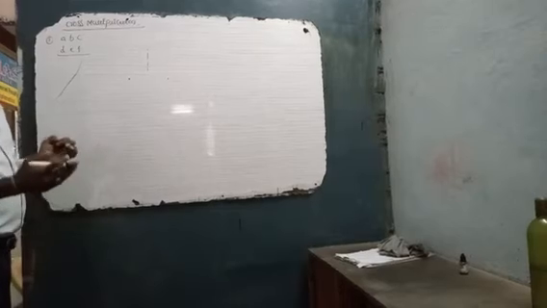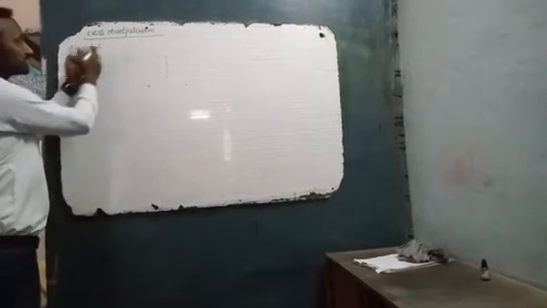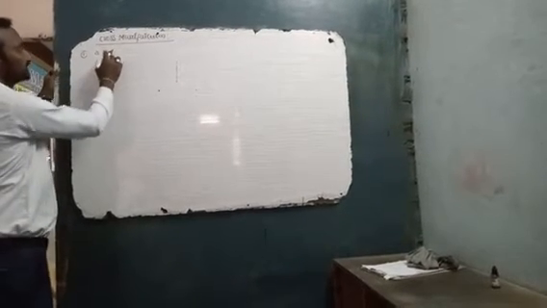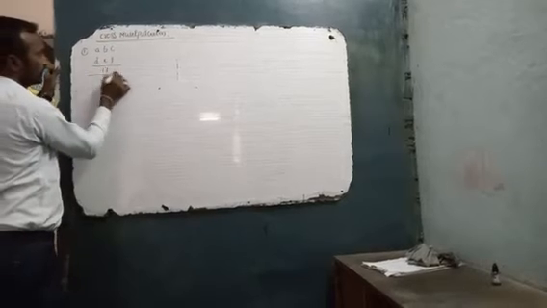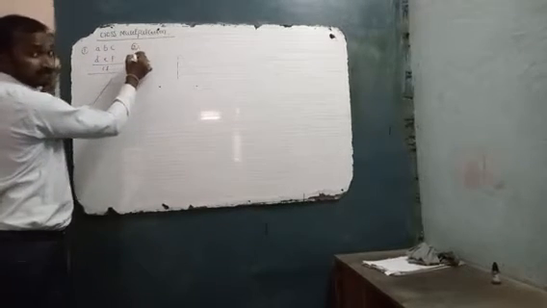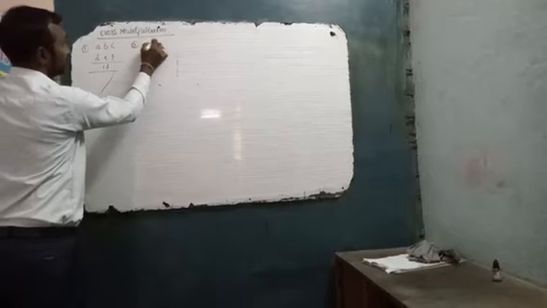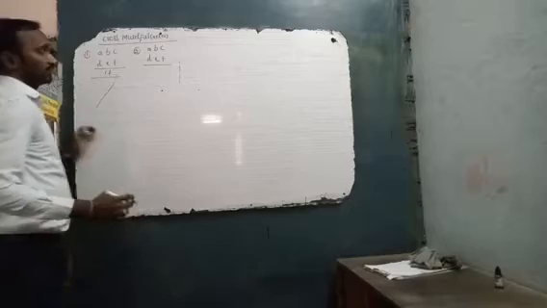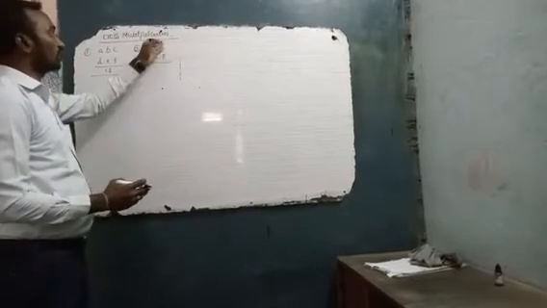Whatever it may be, addition, subtraction, multiplication, we are performing from the right hand side, means from the unit digits we are starting. That's the reason in the first step, first column means unit digits you can multiply: C into F. Second step you can take A, B, C, D, E, F. So later you can take the multiplication of two columns.